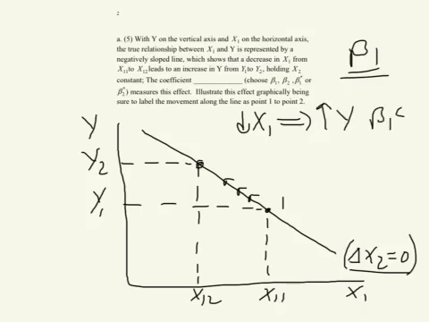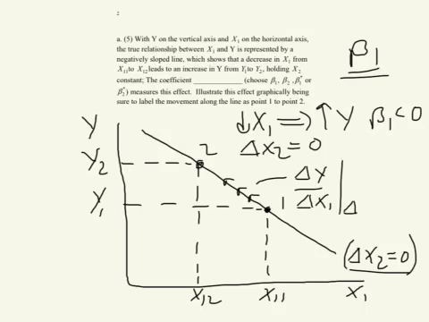Beta 1 is less than 0. That's what we're out to demonstrate. And keep in mind that the change in x2 here is equal to 0. So this movement from 1 to 2 measures the change in y brought about by a change in x1 holding x2 constant, and that is equal to beta 1, which is less than 0.